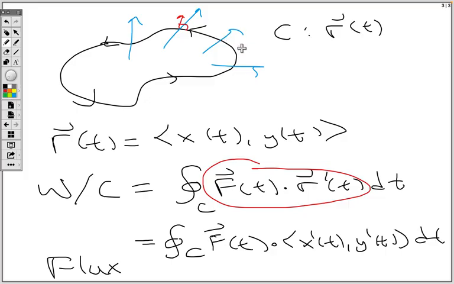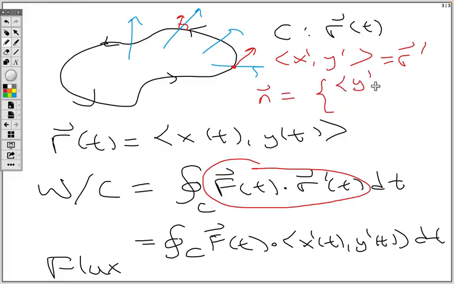So we talked about, if this is your x prime, y prime here, that's your r prime. Then if we wanted a normal vector, we had two options. We switch the components and make one of them negative.